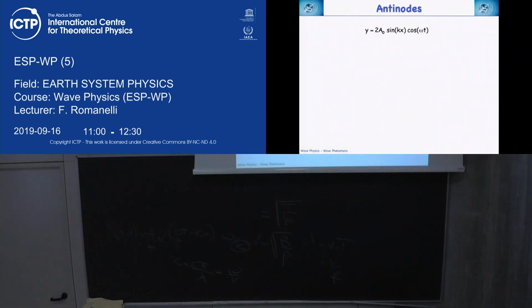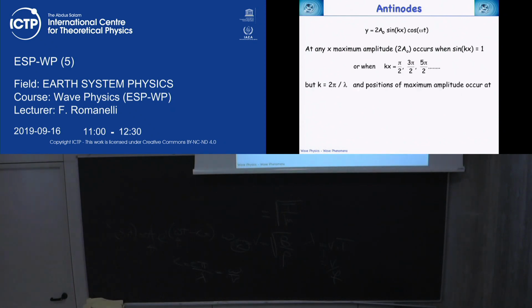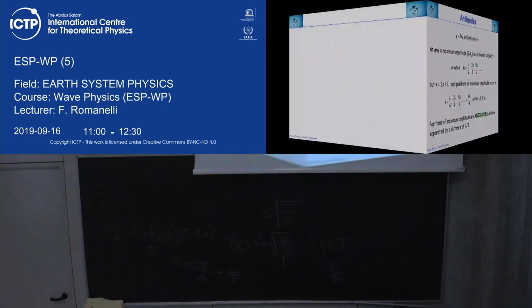Okay, what's next? Antinodes. They occur where the sine is a maximum, of course. So they have a very definite spatial cadence. They're periodic. And they are out of phase by lambda over 4 with nodes.